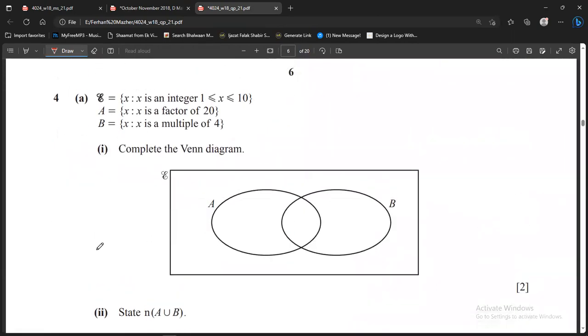Here we go. So here we have, he says, question number 4, it's a part. Here we have a universal set x. X is such that x is an integer and it's from 1 to 10. Okay. So 1 to 10 means 1, 2, 3, 4.